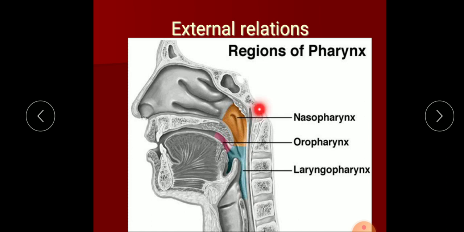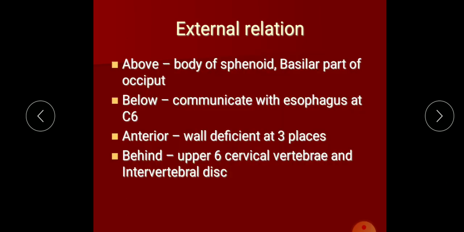Fine. What is the relation posteriorly? It is formed by the upper six cervical vertebrae with the intervertebral discs. So read that. What are the external relations? Above, you find the body of the sphenoid and the basilar part of the occipital bone.